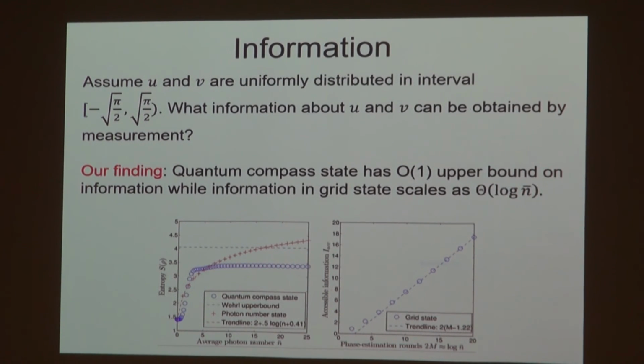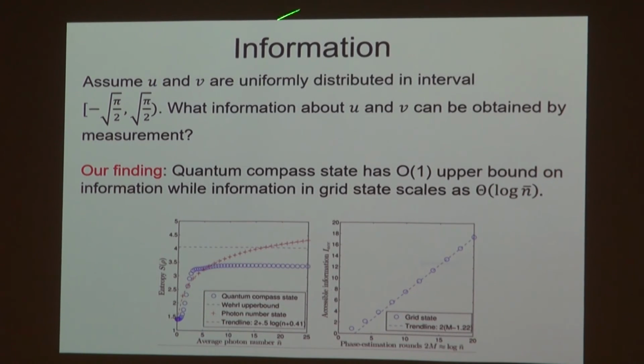Then you get some state, and you want to do a measurement to determine maximal information about u and v. This is slightly different from before, because now I have an a priori probability distribution of u and v, and I'm asking how much information there is in the state about u and v.